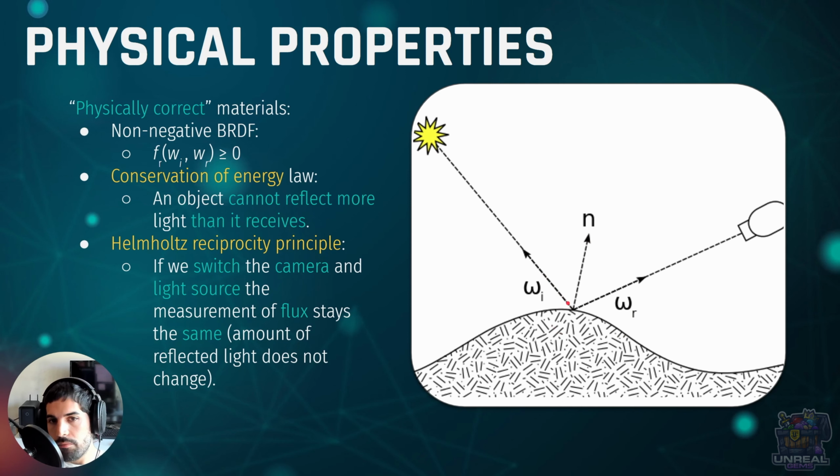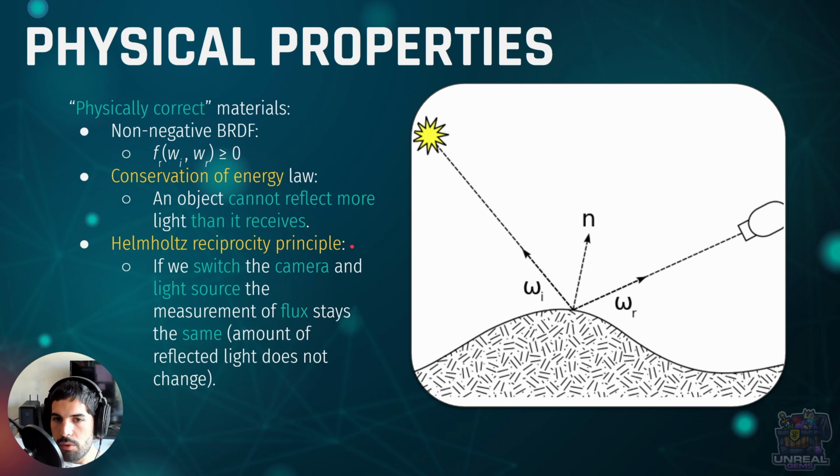It's quite intuitive that it cannot reflect more light than arrived at the object. There is a small caveat in this statement: a surface can generate light, so it can be emissive in PBR, but it's emitting light. It's not reflecting that light that it is emitting. So the light reflected should not be more than the surface received.